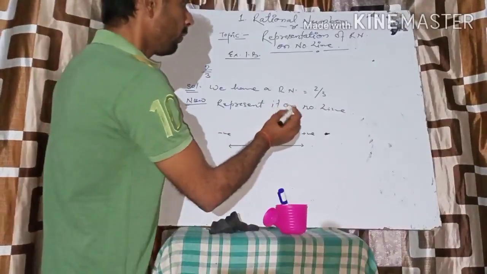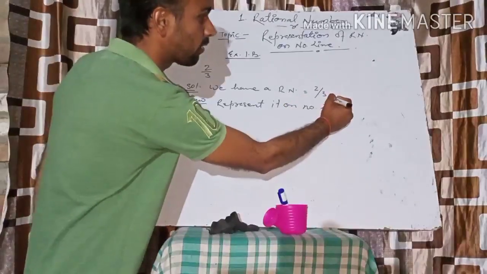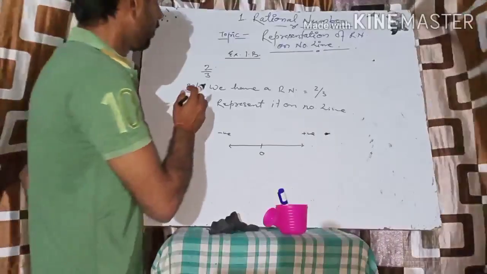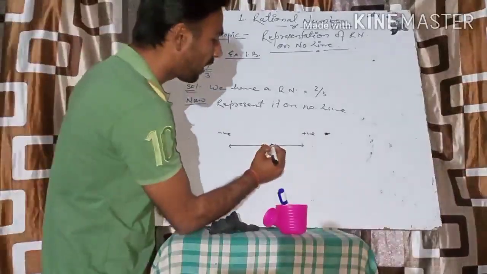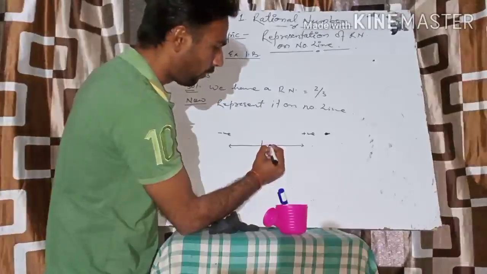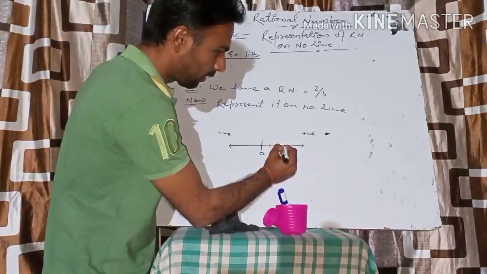But how can you represent it? Focus on the denominator as well as the numerator. The denominator is 3, so we will make 3 equal segments here: 1, 2 and 3.